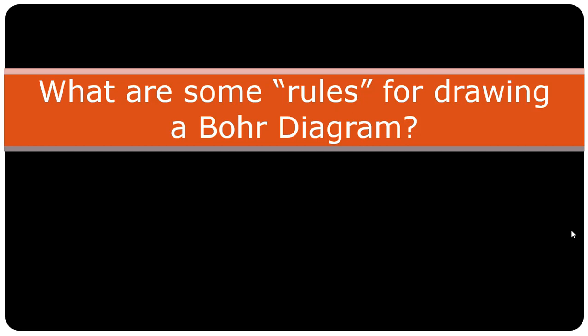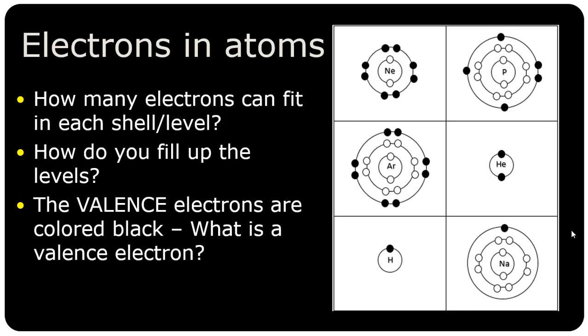Alright, so I'm going to show you some pictures of some Bohr diagrams, and I want you to come up with some rules on how those diagrams should be drawn. So here's an example of neon, phosphorus, argon, helium, hydrogen, and sodium. What I want you to check out is how many electrons can fit in each ring, shell, or level.